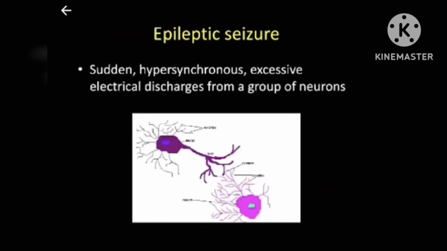But before that, you have to understand what exactly you mean by an epileptic seizure. The brain consists of billions of neurons, and they are all connected to each other by means of their dendrites and axons, as you can see in this figure. They communicate electrically.